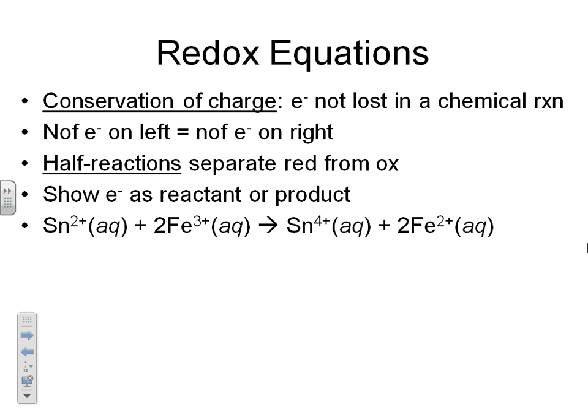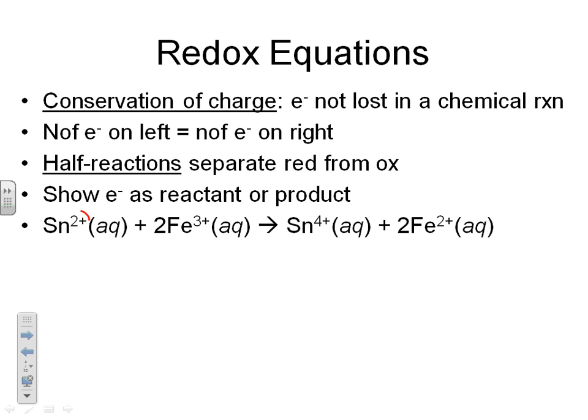So for example, if we take this total reaction right here, this is an overall balanced equation. We've got tin plus 2 iron 3s goes to tin 4 plus 2 iron 2s. First of all, conservation of charge, real quick, before we separate it out into the half reactions.